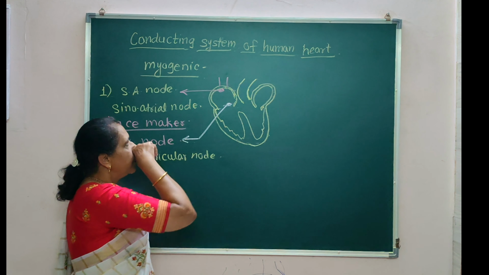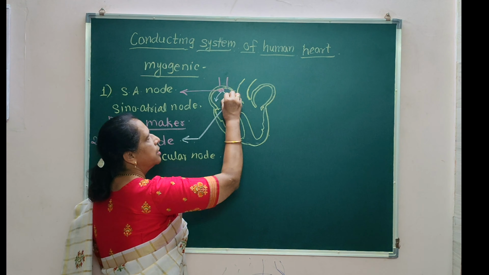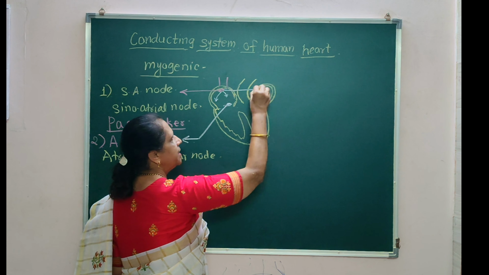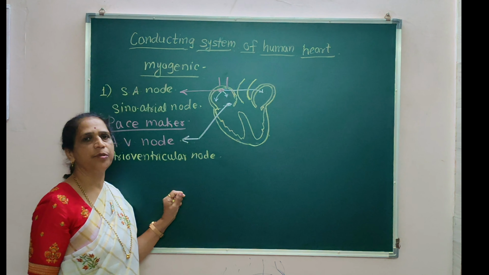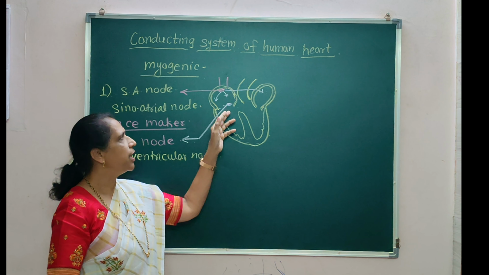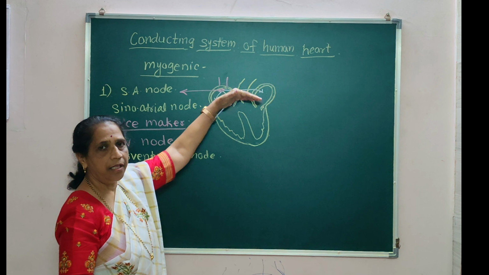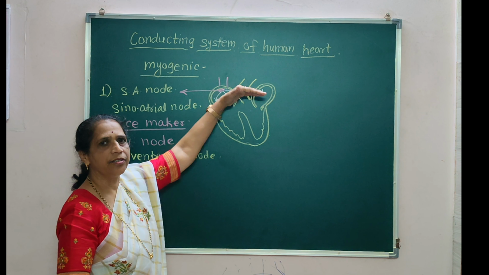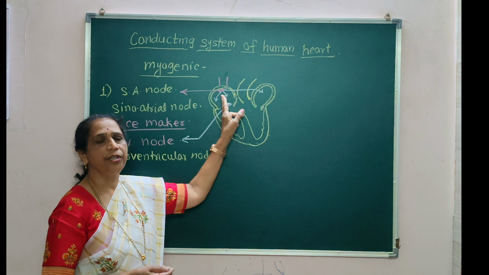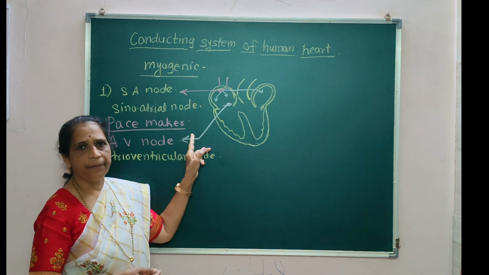This node picks up the impulses which are carried from the SA node. The SA node conducts impulses to both the atria, and as the impulse reaches the AV node, both atria contract. Contraction of the atria takes place due to the sinoatrial node, and as it generates impulses independently, it is known as the pacemaker.